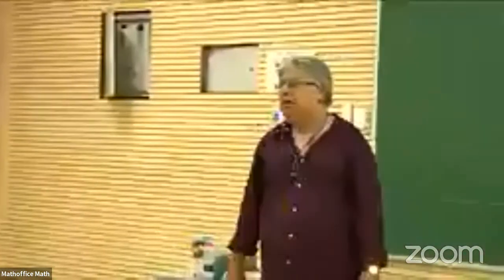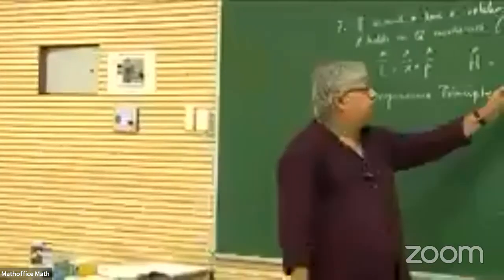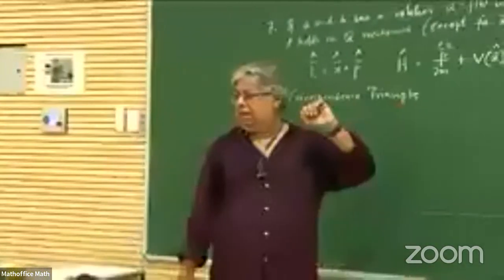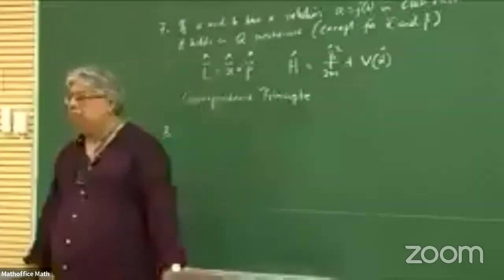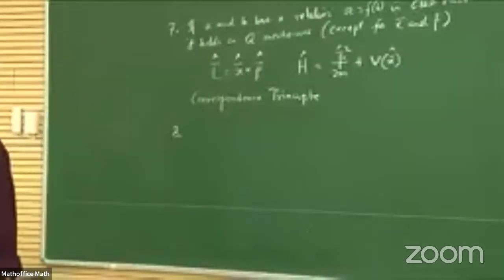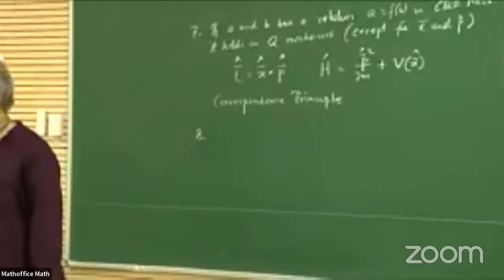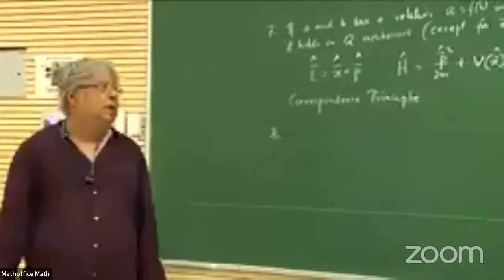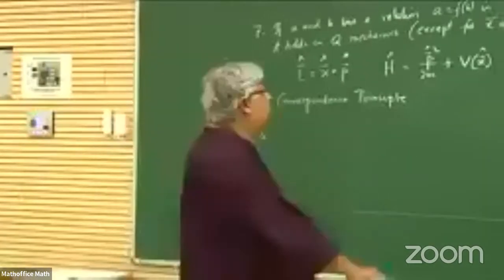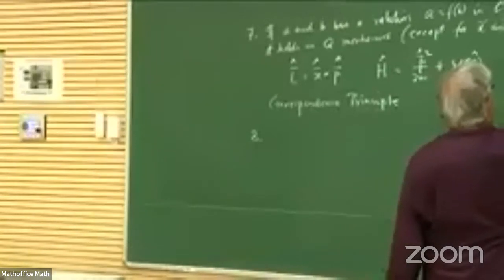It's just p squared by 2m plus V. Yes, and then you put hats on everything. Supposing my H was p squared by 2m plus V of x. When you say except for x and p, you mean except for quantities where x and p multiply. What I really mean is that you can't put x equal to p equal to x.